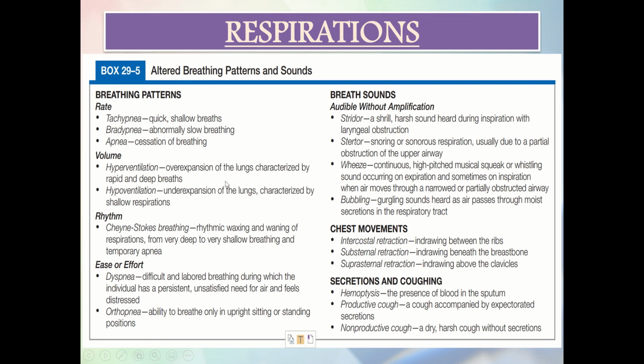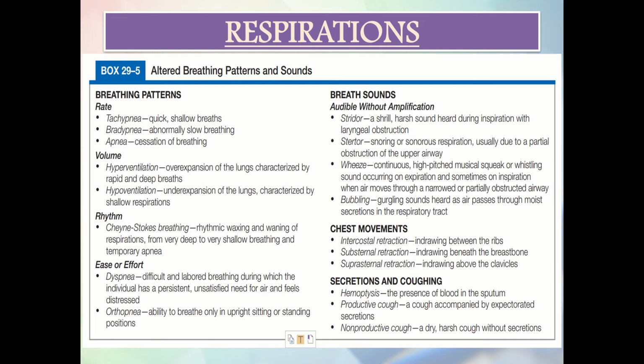This is the overexpansion of the lungs characterized by rapid and deep breaths. So when we say the patient is hyperventilating, it means their breathing is rapid and deep. Hypoventilation is the underexpansion of the lungs characterized by shallow respirations, the opposite of hyperventilation.